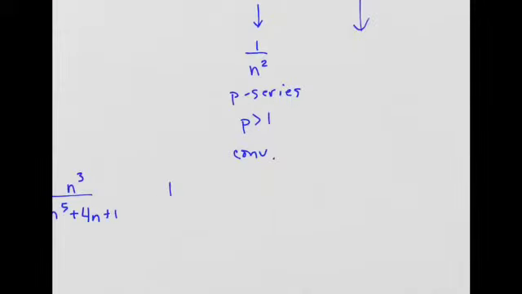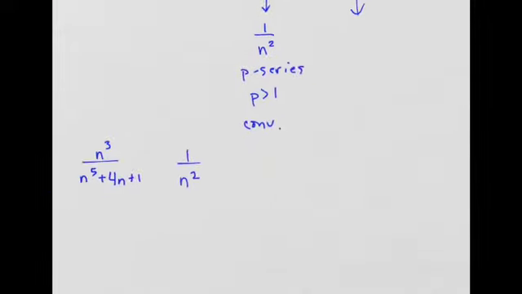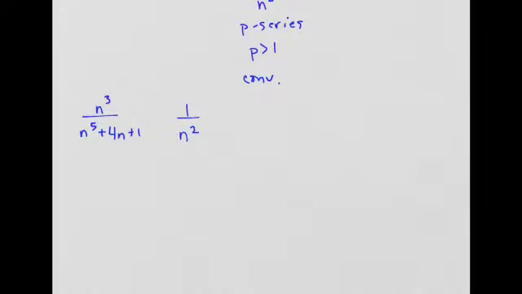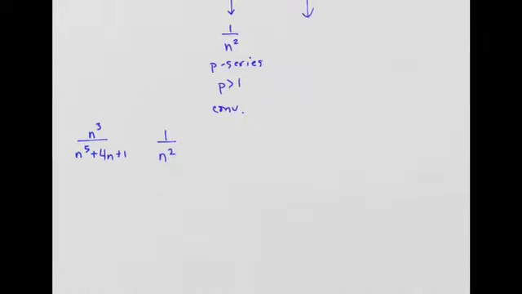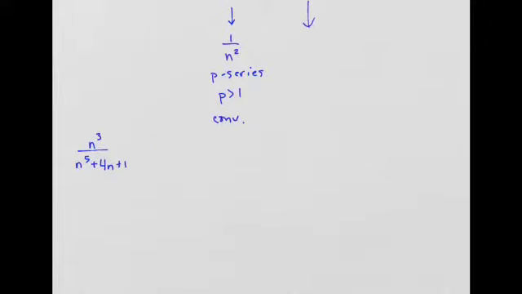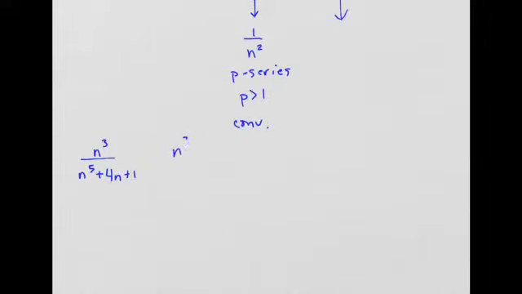So I would compare it to 1 over n squared. Now, what was the difference? Actually, I'm going to write n cubed over n to the 5th. That way it's easier to look at and see what's different. But it's the same thing as 1 over n squared.